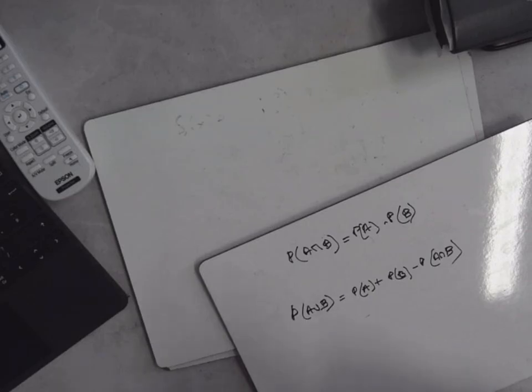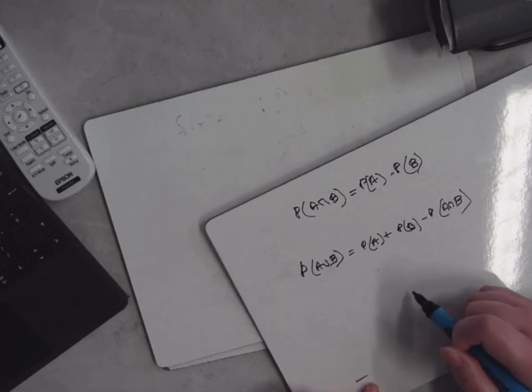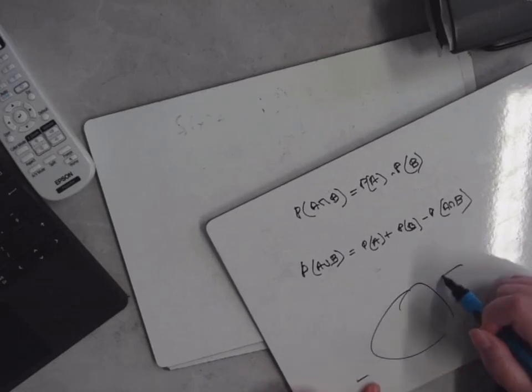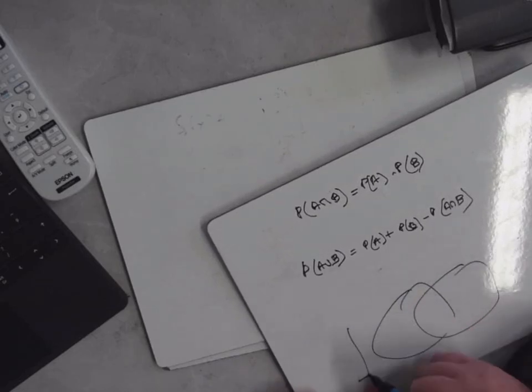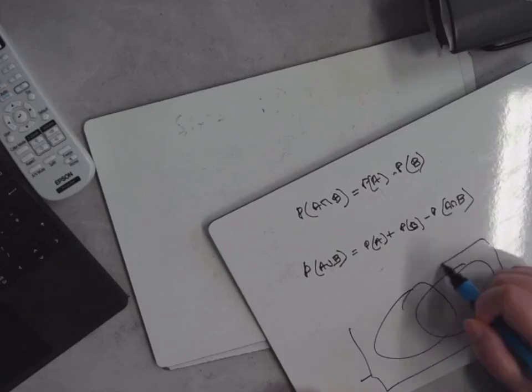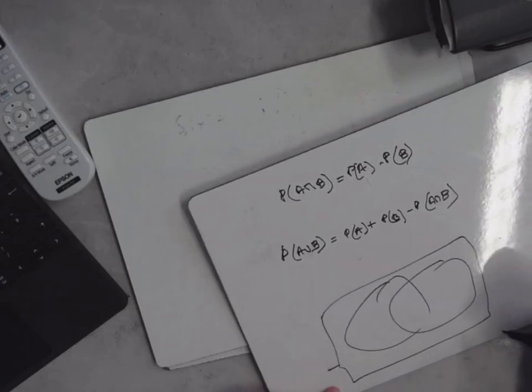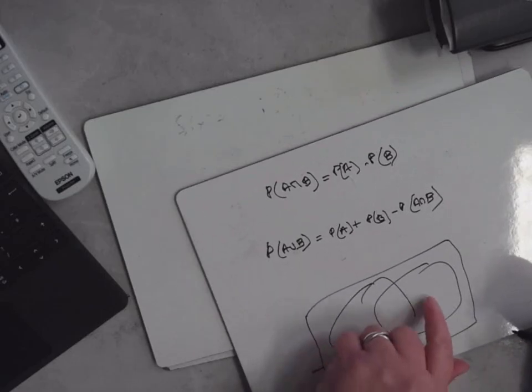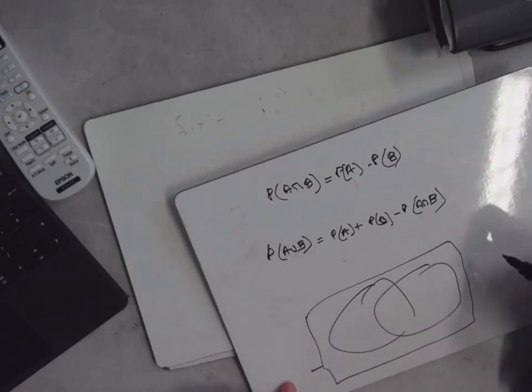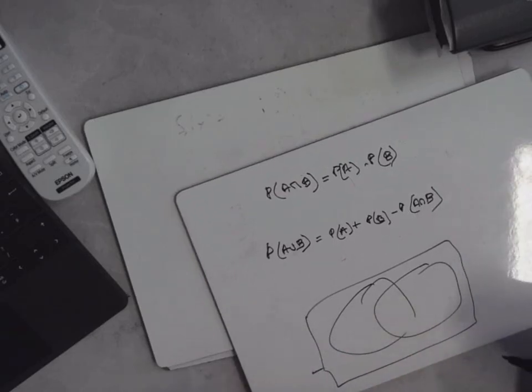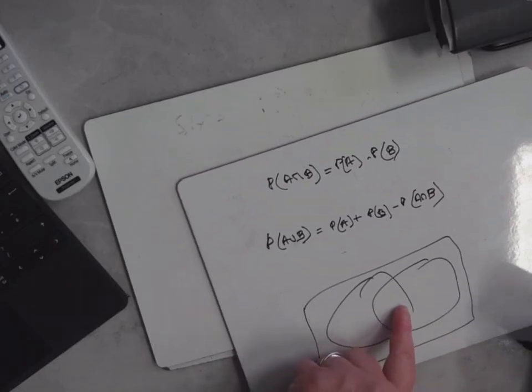A union B is 0.7. Right, now let's draw. A is 0.4.